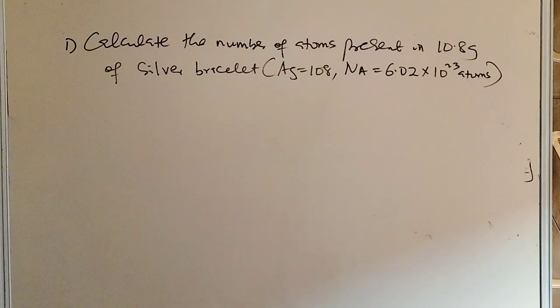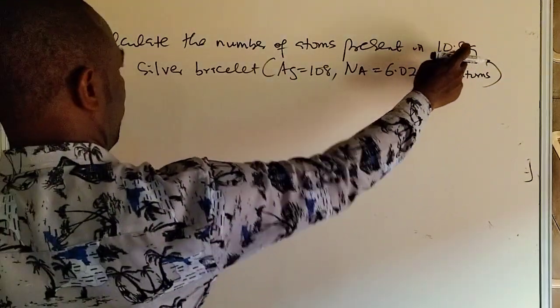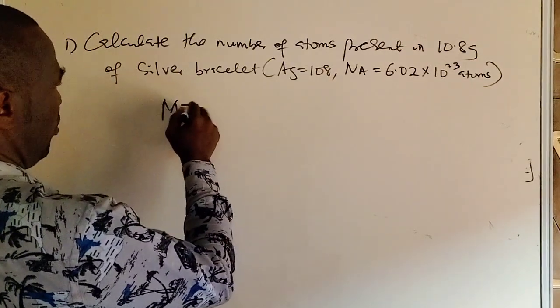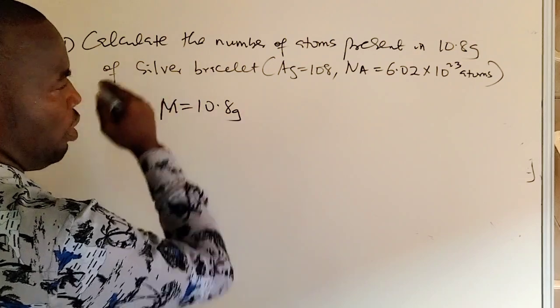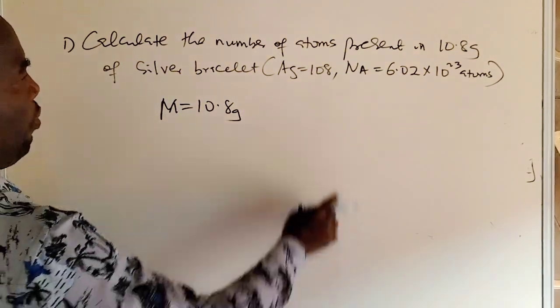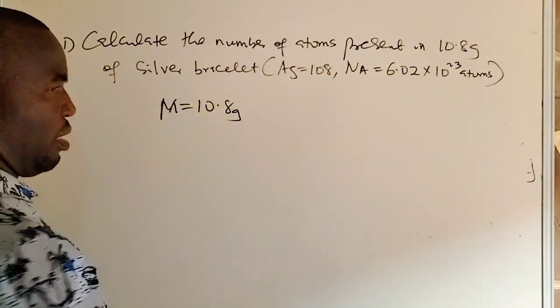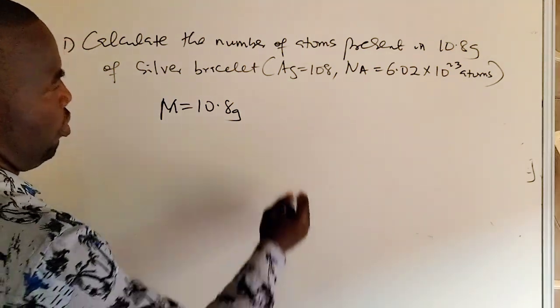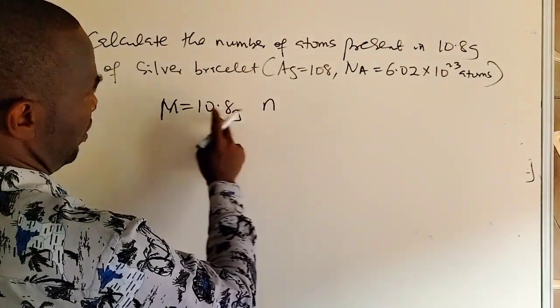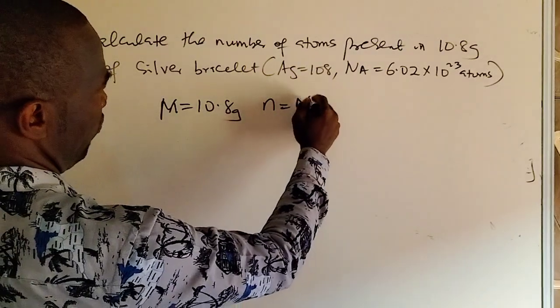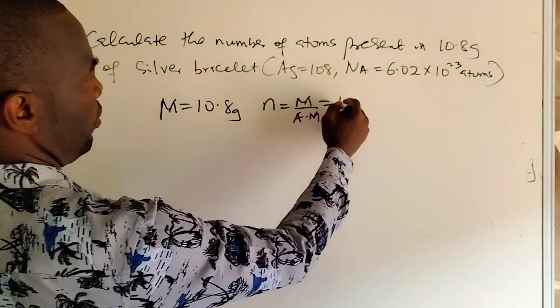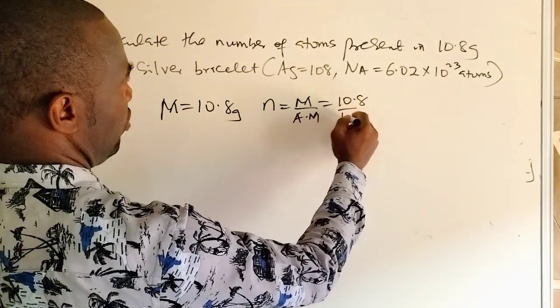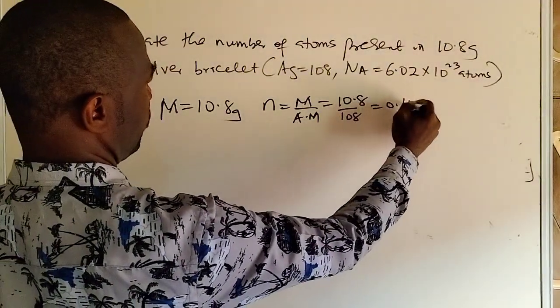So in this question, we're presented with the mass of silver bracelet, 10.8 grams of silver. We're given the atomic mass of silver, and silver is a metal, a monatomic element. So find the number of moles in this 10.8 grams using mass over atomic mass of silver. That becomes 10.8 over 108, giving us 0.10 moles.